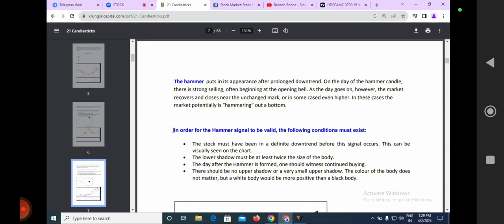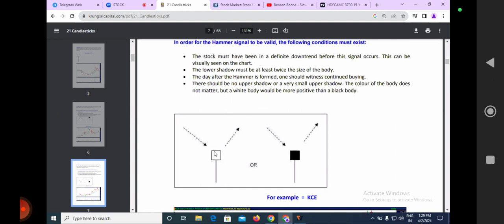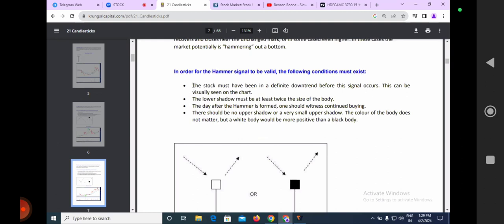Now, for the hammer signal to be valid, the following conditions must exist. Whatever hammer candle you see at any point of time will not work, my dear friends. There are a few technical conditions to be satisfied.